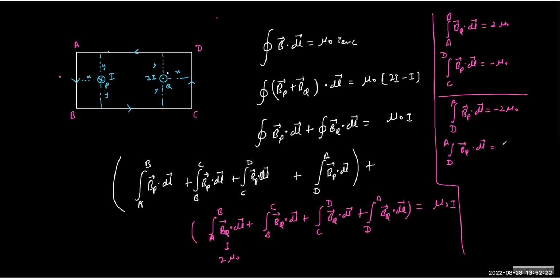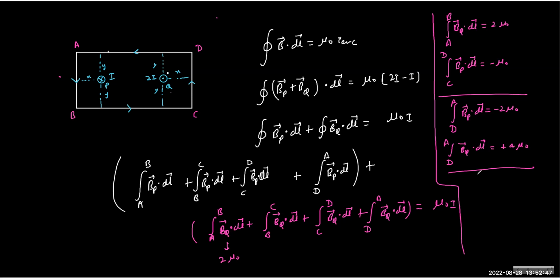The current is double, so double and opposite sign, which is 4 mu naught, isn't it? Yes, sir. So that's the answer. And I think A to D and B to C will have a similar thing, right? Yes, sir, because they're symmetrical. So even that is the same for C to D.